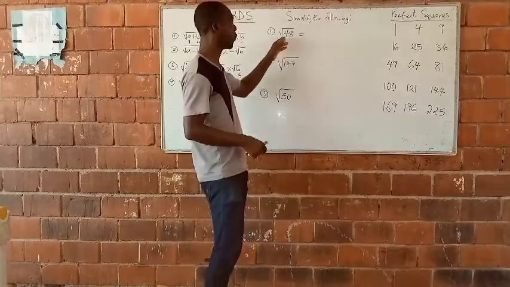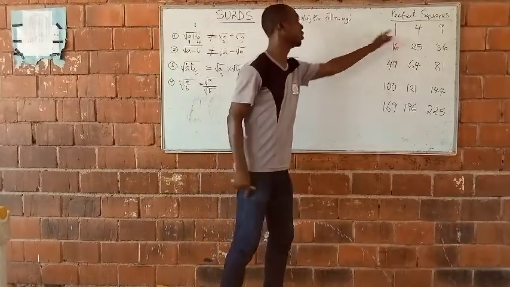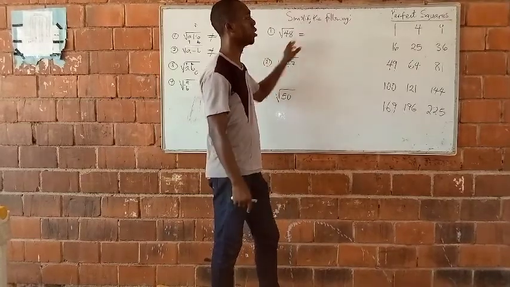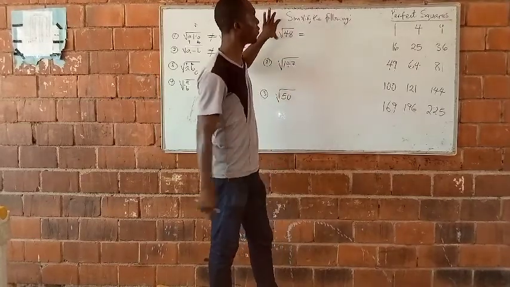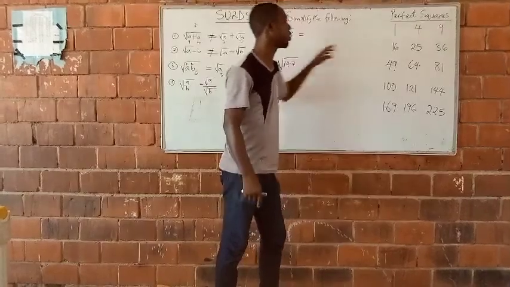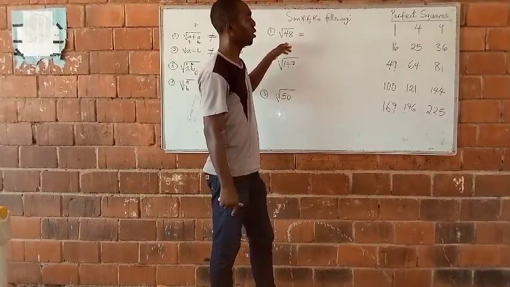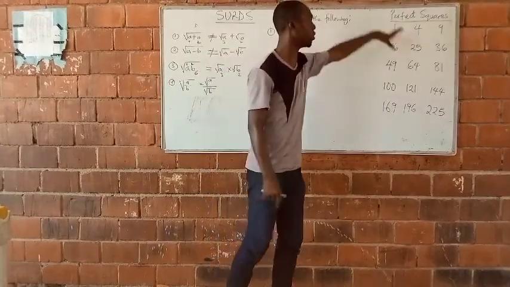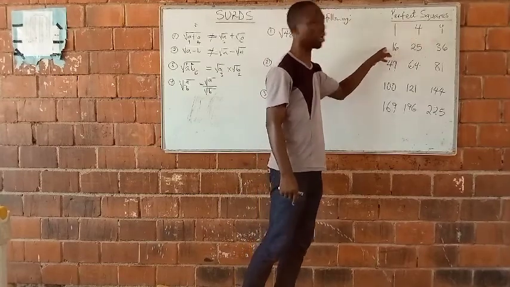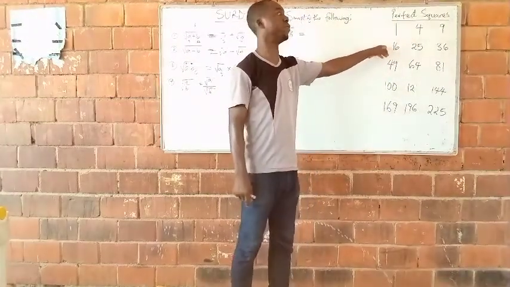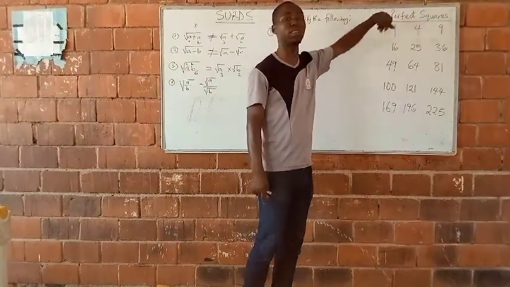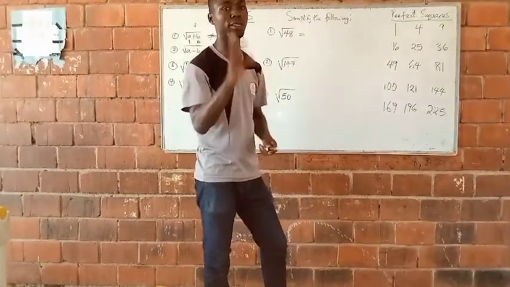For instance, this 48 now, 1 is a factor of 48. 4 can also divide 48. 16 can also divide 48. So that means among these perfect squares, I have 1, 4, and 16. And if you check, 16 is the biggest among the 3 of them. So I'm going to take 16.